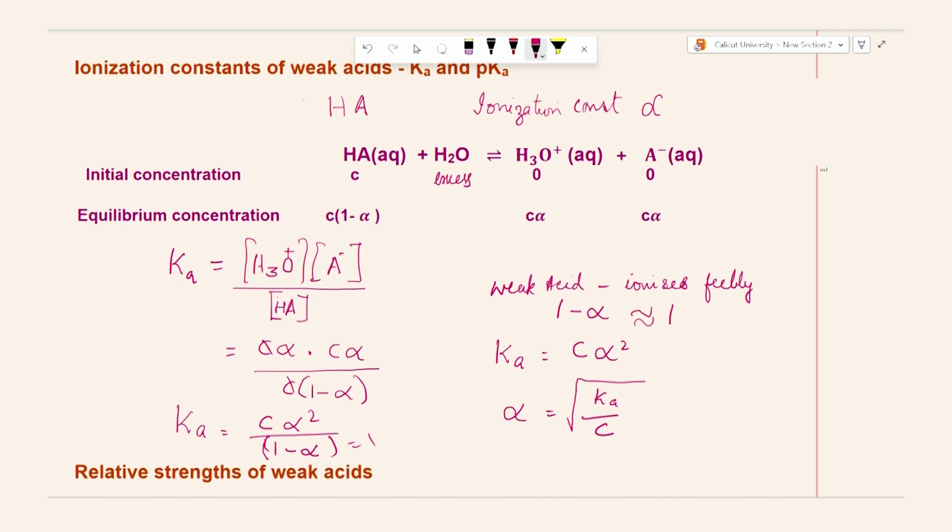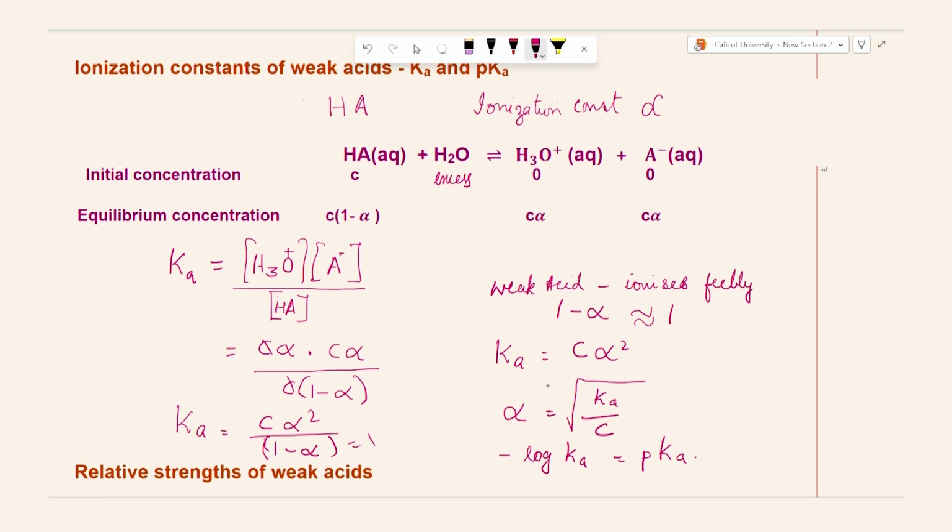Now, Ka is the ionization constant, and if I take the negative logarithm, minus log Ka can be taken as pKa.